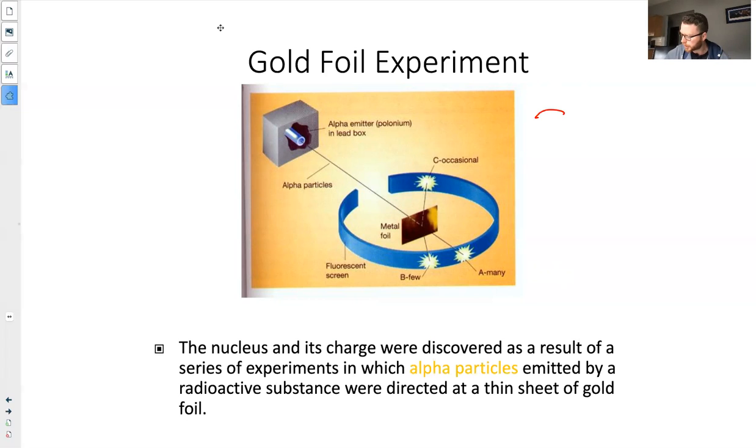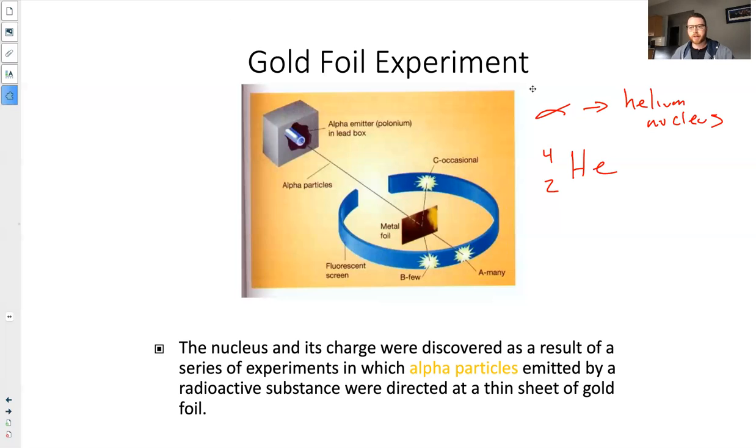An alpha particle is essentially a helium nucleus, which has 2 protons and 2 neutrons, so it gives a mass number of 4. We will talk about that a little bit more in nuclear physics.